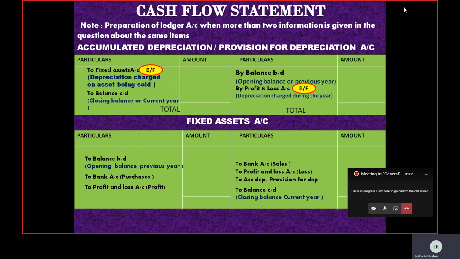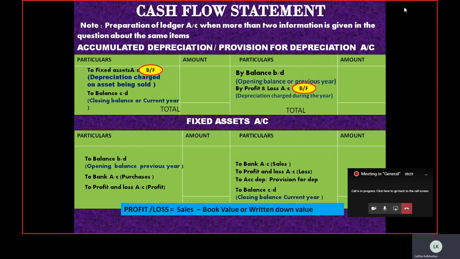Okay children, this is the maximum information we have collected regarding any particular asset that exists with the firm. Now one more important piece of information I would like to add: suppose there is no direct information and the question has been given regarding the profit and loss of the asset being sold.